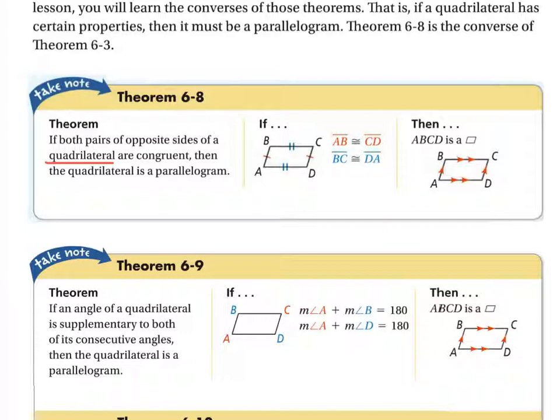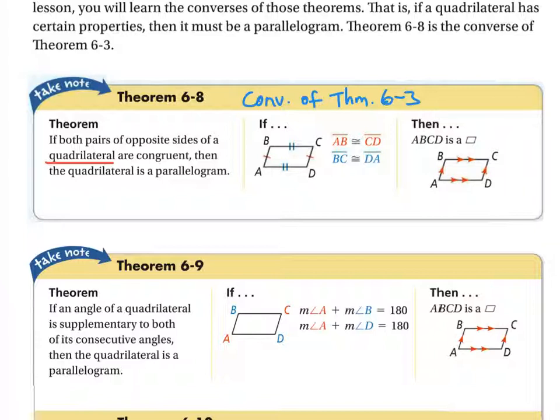This happens to be the converse of Theorem 6-3 that we talked about last Friday, I think it was. Okay? Theorem 6-3 said that if we have a parallelogram, then opposite sides are congruent. Well, this is the converse of that.